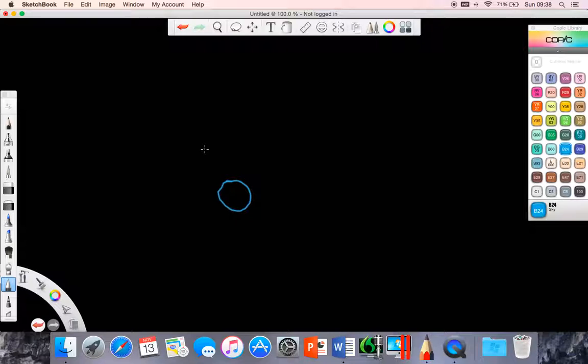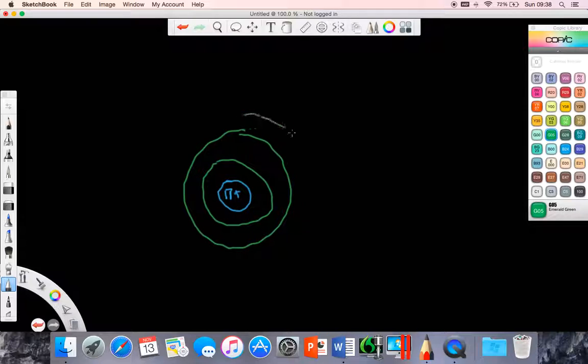Chlorine has 17 electrons, so it has 17 protons in its nucleus. It's in period 3, so it has 3 shells: 1, 2, 3. It's in group 7, so its outer shell has 7 electrons.